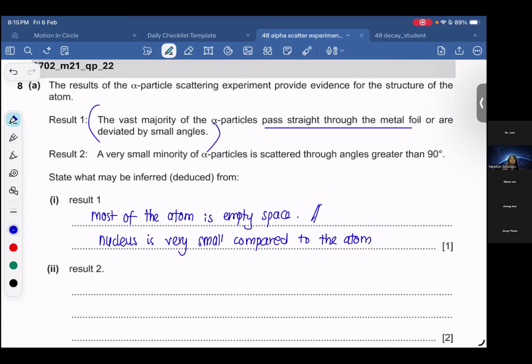Therefore, most of them just go straight, without deflection, or if they really are deflected, it is only by a small angle. Some of them will be deflected by a small angle, but for the greater angle, greater than 90 degrees, this is only a few alpha particles.